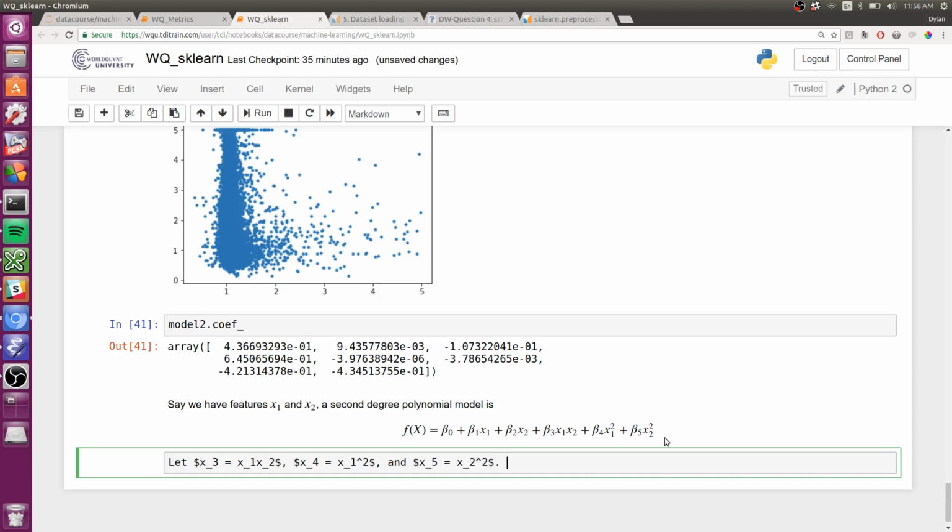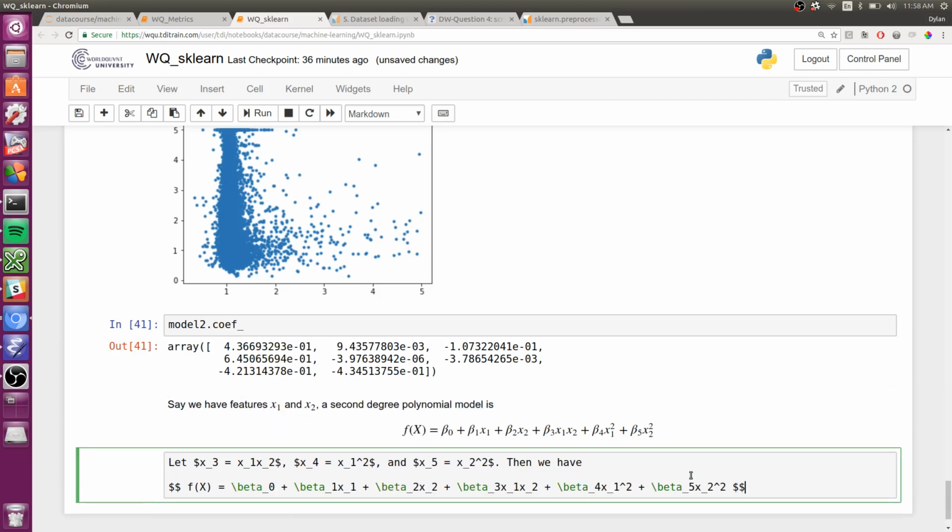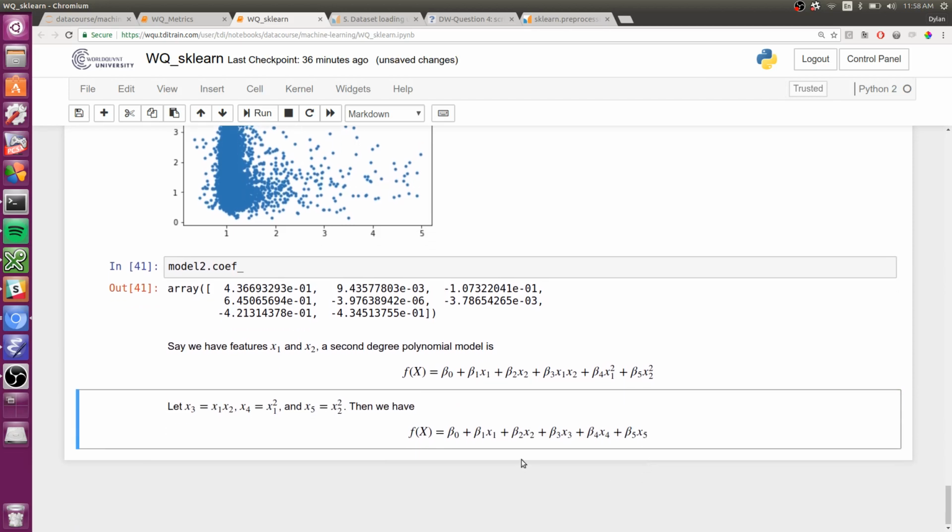Then we have, just copy this. So you can see, if we define x3, x4, and x5 in these ways, we end up with something that looks exactly like what we had before. This is just a linear model.